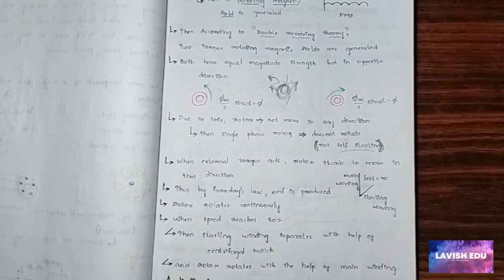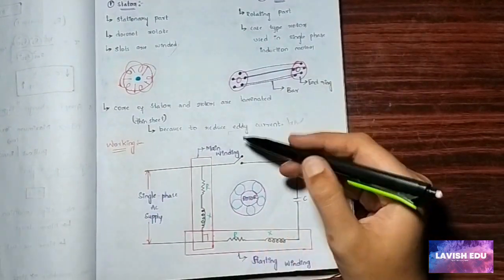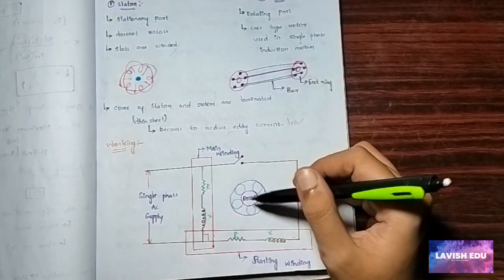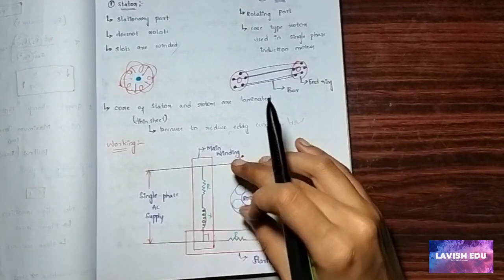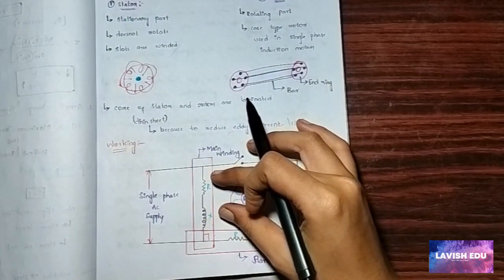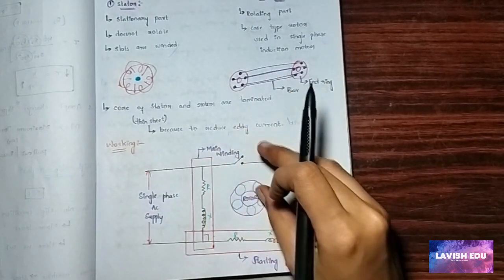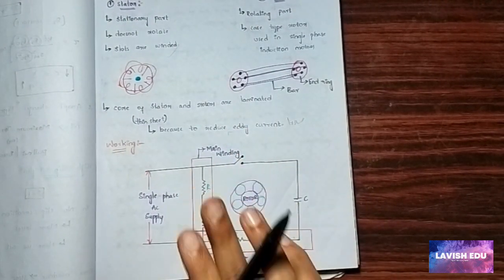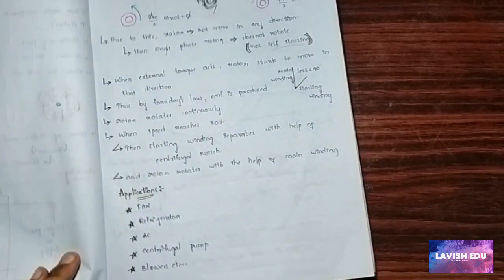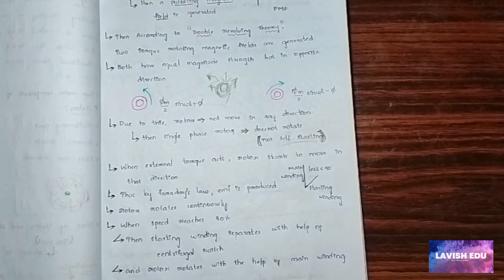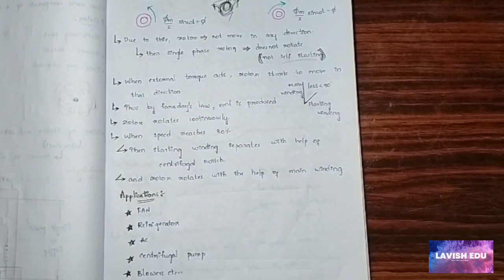We can observe here that we have the centrifugal switch. By using it, the starting winding separates from the rotor, and the rotor keeps moving with the help of the main winding. The rotor continuously moves, and then mechanical power is generated.